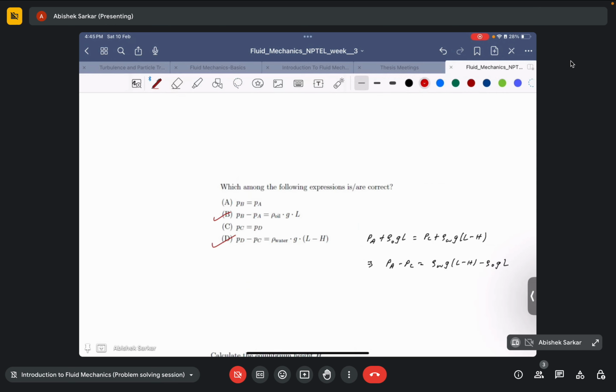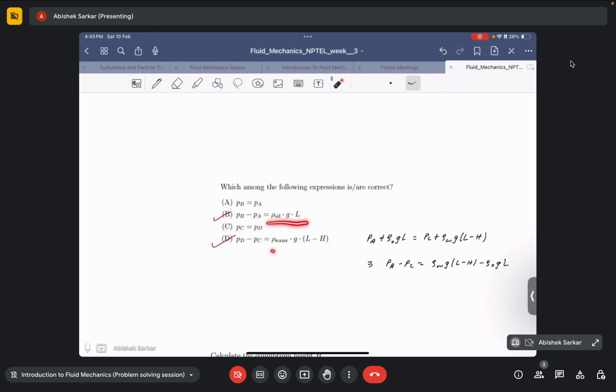There's no mistake in what you are trying to obtain, but since this difference term is not there in one of the options, in order to cross check whether these options are correct or not, try to obtain one of these pressure differences, because these two are absolutely not correct.